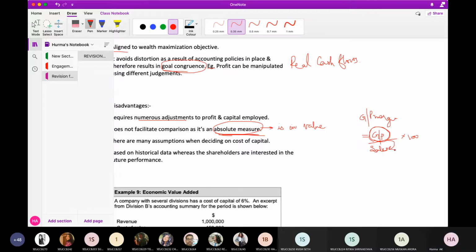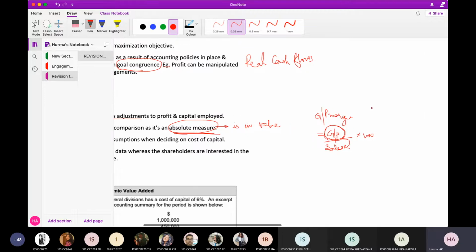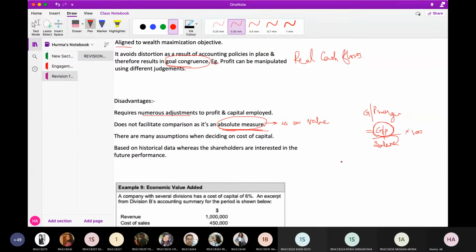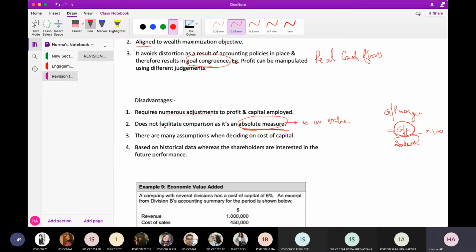Now, if I calculate gross profit margin for company A and company B, even if they are of different sizes, I can still compare it because I am comparing GP with the sales of the respective companies. Getting the point? But I can't do that with EVA. So it does not facilitate comparison between two different sized companies as it's an absolute measure.